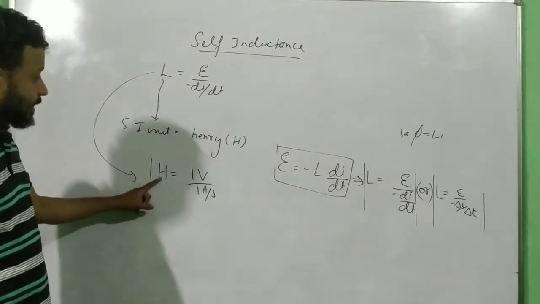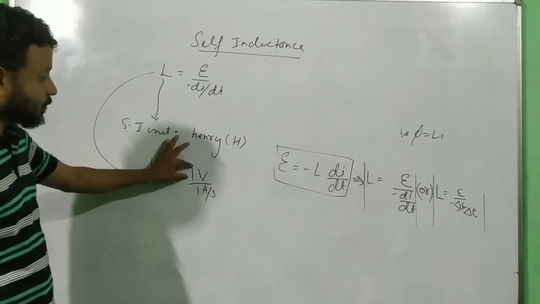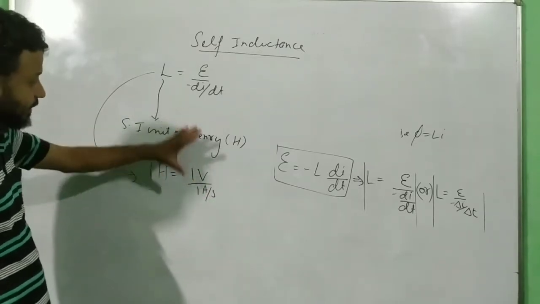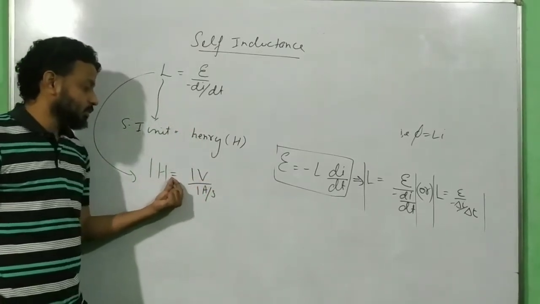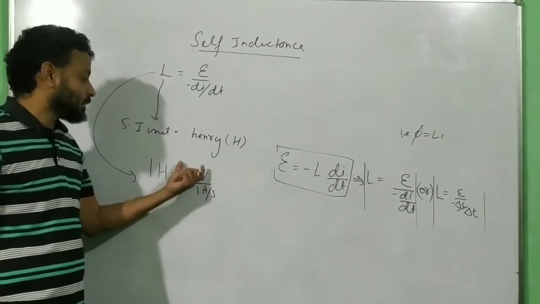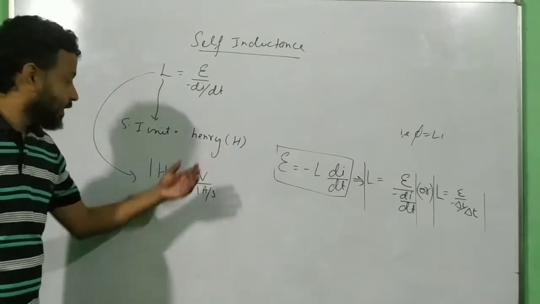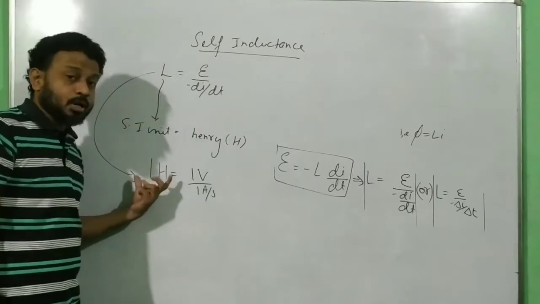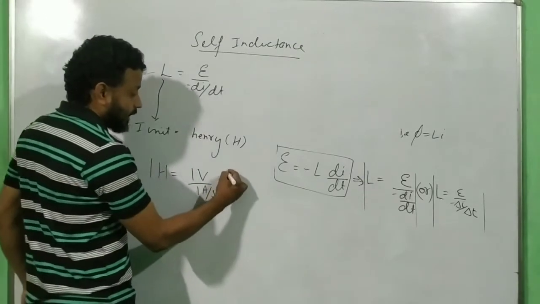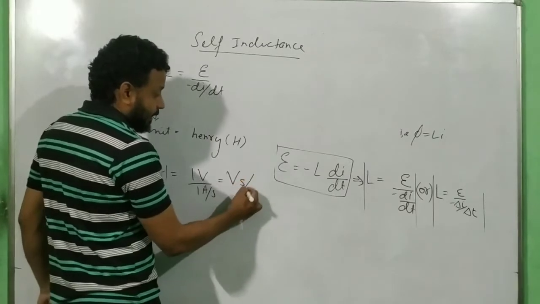Then how do you define 1 Henry? 1 Henry is that value of self-inductance when the EMF induced is 1 volt when a current changing at 1 ampere per second flows through the coil. See, everything is there in the formula. Also remember, you can write this as Vs, volt second, per ampere.